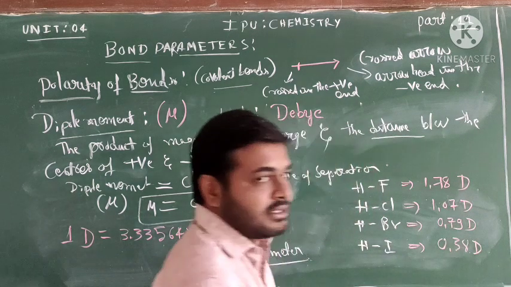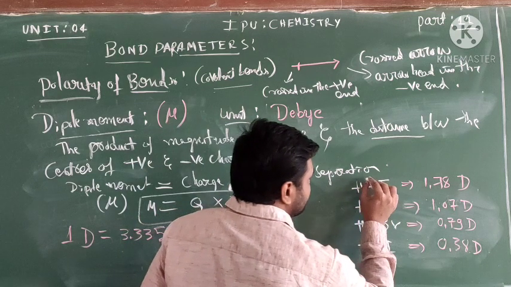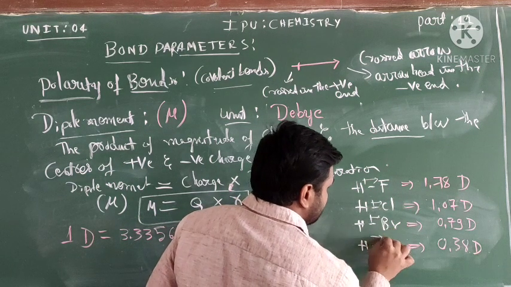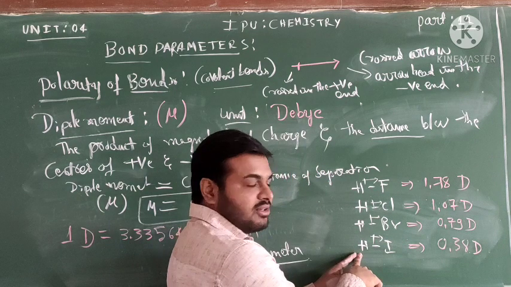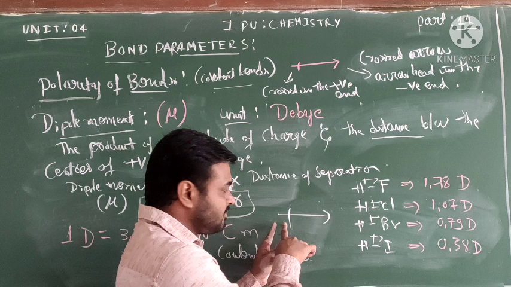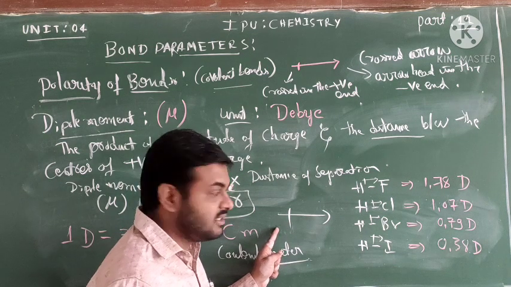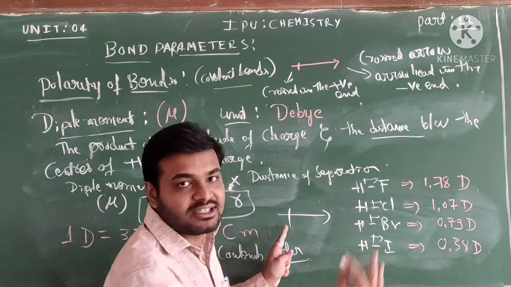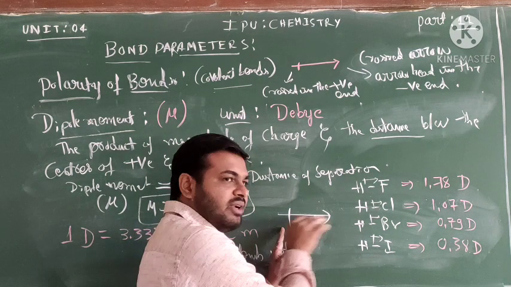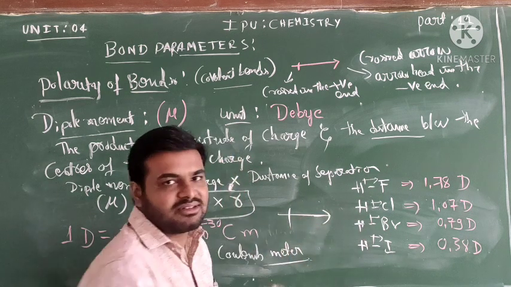This arrow is the indication of polarity: at this place the lower electronegative atom is present, here the higher electronegative, so it moves from the lower electronegative to the higher electronegative.